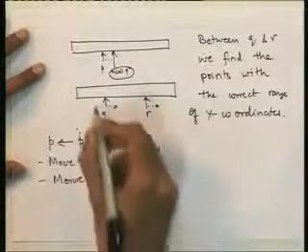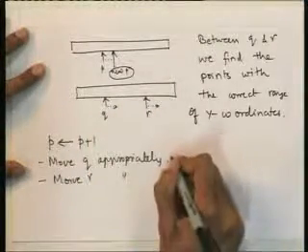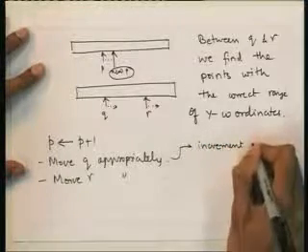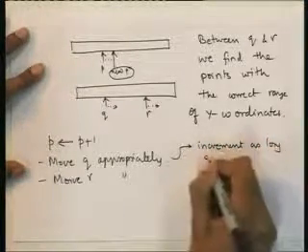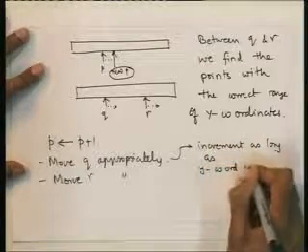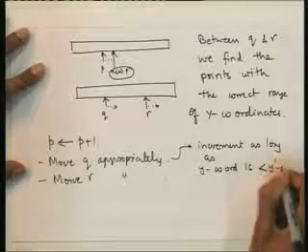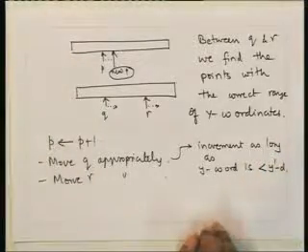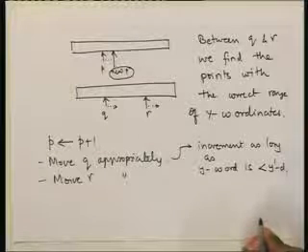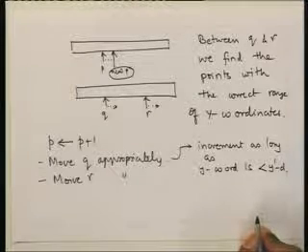If it's not, which means it's smaller than y prime minus d, increment as long as the y coordinate is less than y prime minus d. Similarly you move R, as long as it's less than y prime plus d.